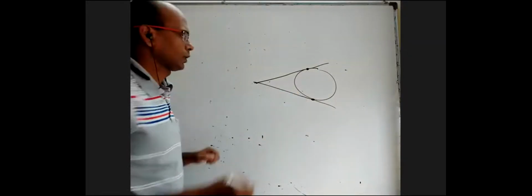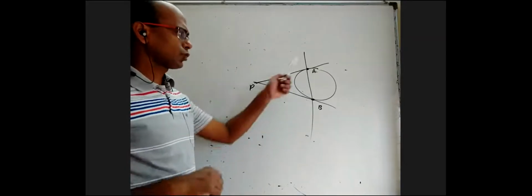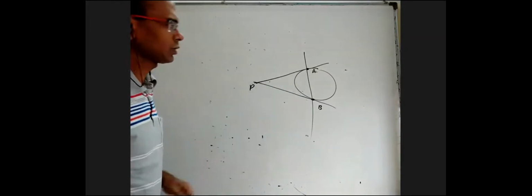The two tangents are touching the circle at these two points. This is point P, this is A, and this is B. If you join these two points, you get a line that is called the chord of contact. So from an external point, we have drawn two tangents, contacting the circle at two points, and joining those two points is called the chord of contact.